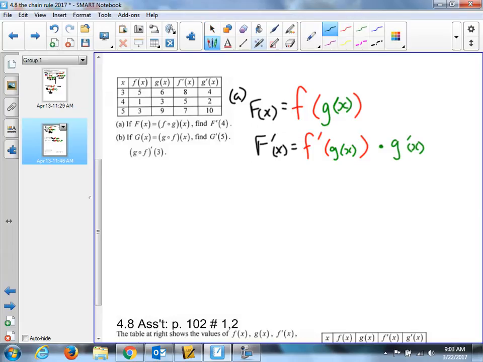We were told to evaluate the derivative at the value of 4. So anywhere I see an x now, I'm going to replace it with 4. So f prime of g of 4 times g prime of 4. Oh, I got mixed up on my colors.